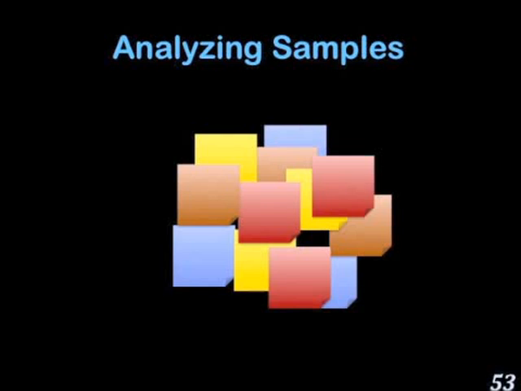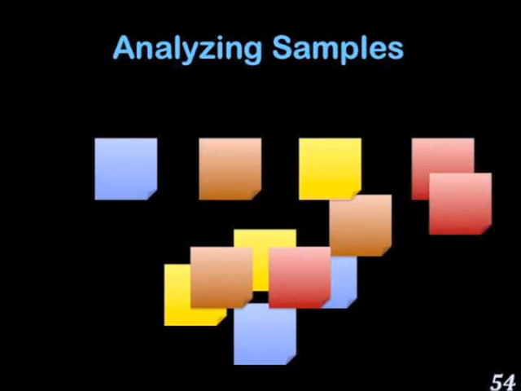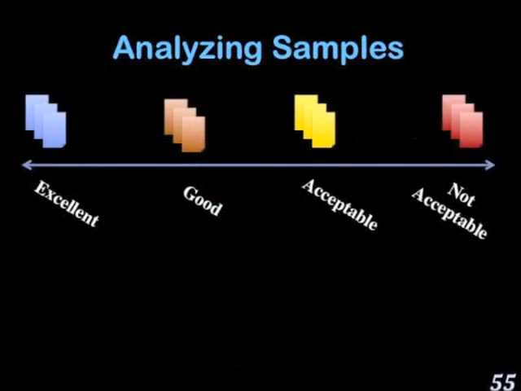So the process goes something like this. We look at samples of work, and we think about our criteria, and we sort the work into piles along a continuum of excellence.